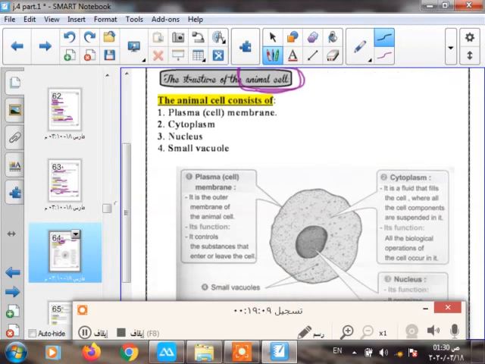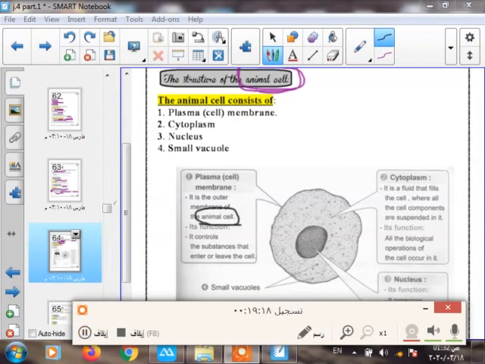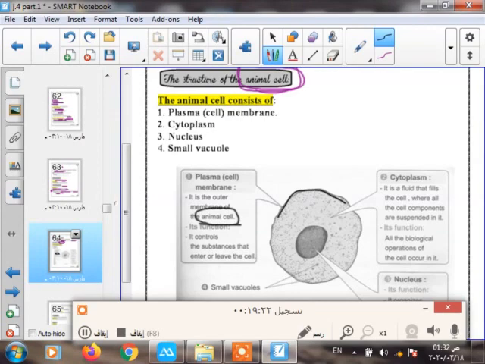It is the outer surface of the animal cell. It also controls the substances that enter or leave the cell, the same function.